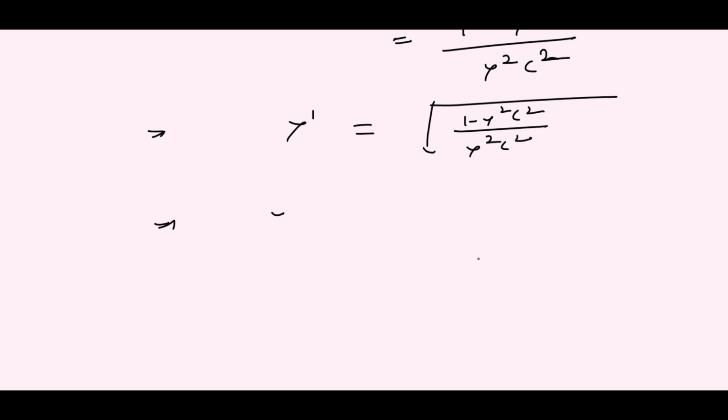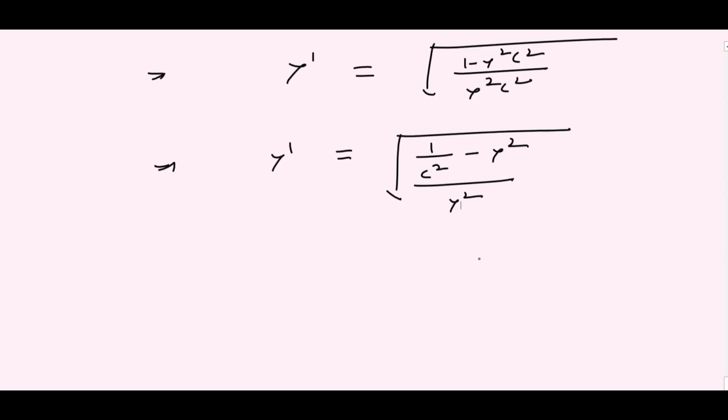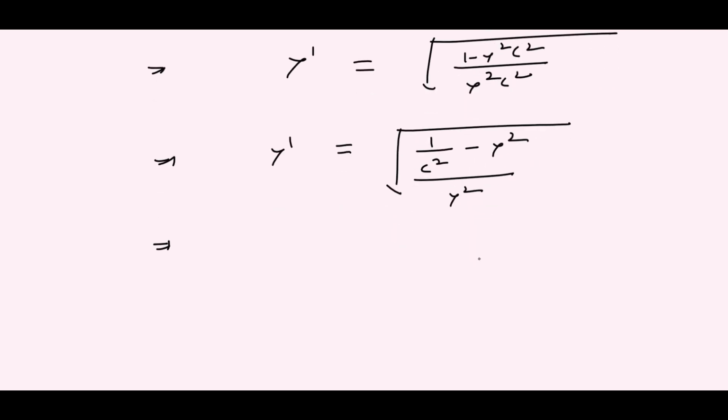So now divide the numerator and denominator by c square. It will give 1 upon c square negative y square over y square. So further it will give y dash is equal to square root of, we can write this term 1 upon c square as a square, because this is constant, negative y square and over, and it will give that is a y.